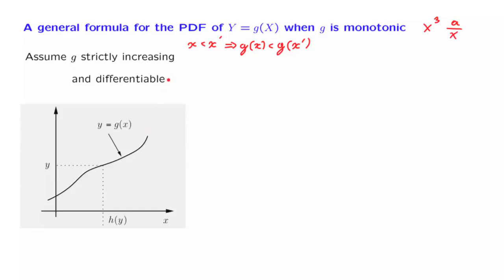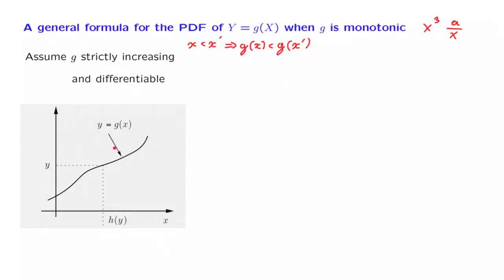Now, because of the assumptions we have made on g, we have an interesting situation. Given a value of x, a corresponding value of y will be determined according to the function g, but we can also go the other way. If I tell you a value of y, then you can specify for me one and only one value of x that gives rise to this particular y.